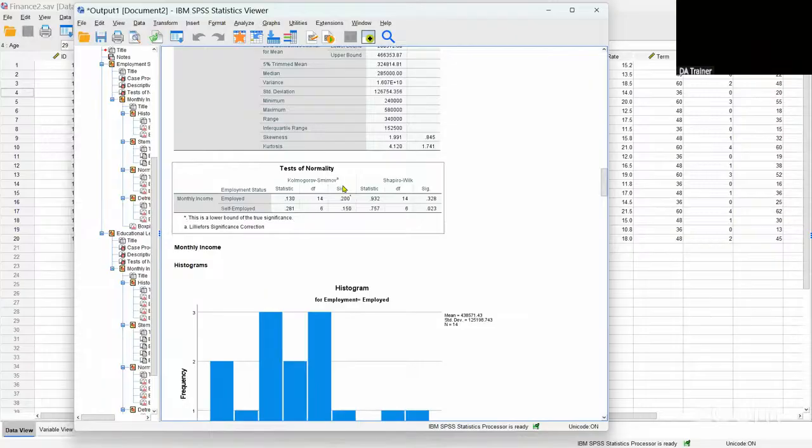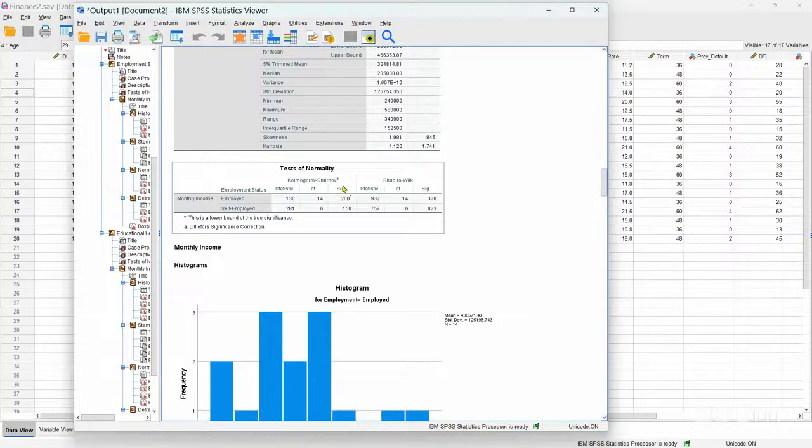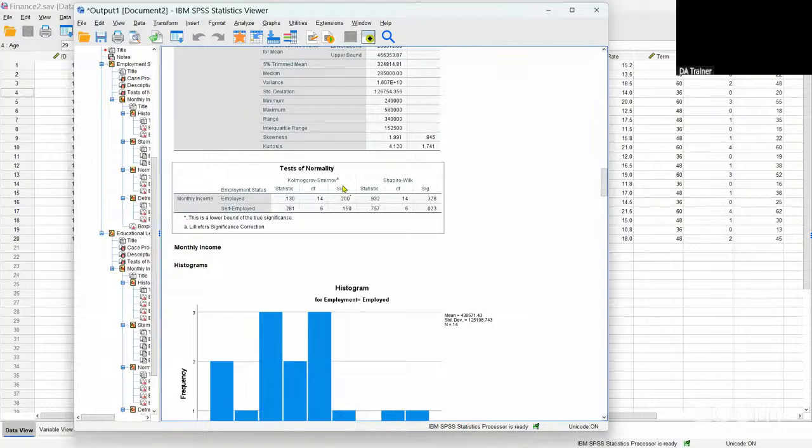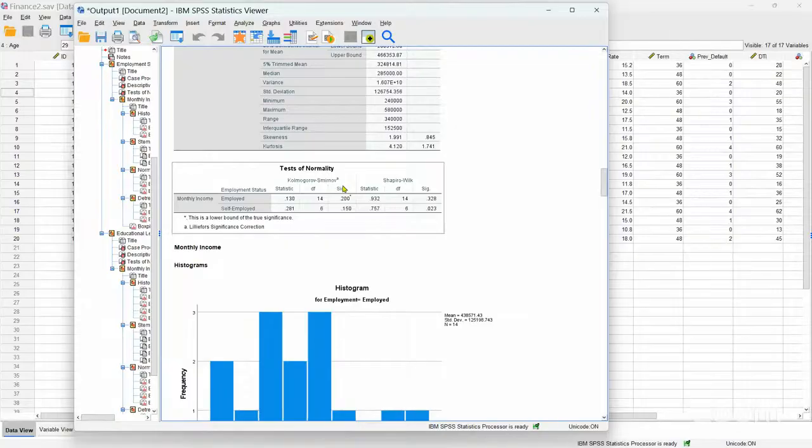Stella, are you there? DF is degree of freedom. Check the meaning so that you can know, check the application. What does degree of freedom mean for the employed? It represents the number of independent values used to calculate the test statistic.